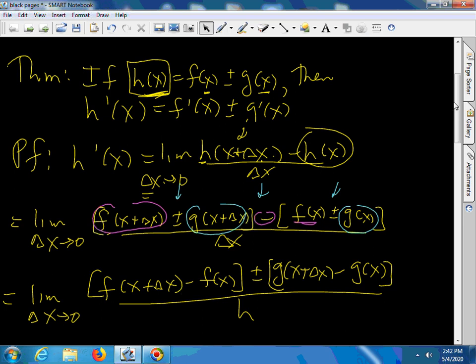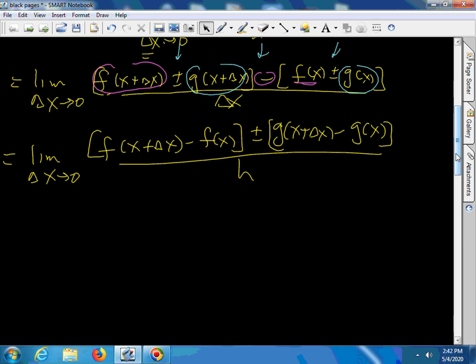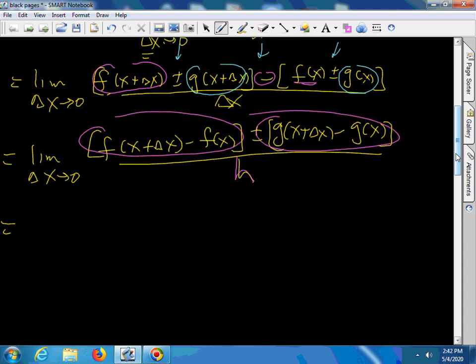And now it is all coming together. Because if you have two terms divided by delta x, you can divide them separately. That is, you have the limit as delta x goes to 0 of f of x plus delta x minus f of x.